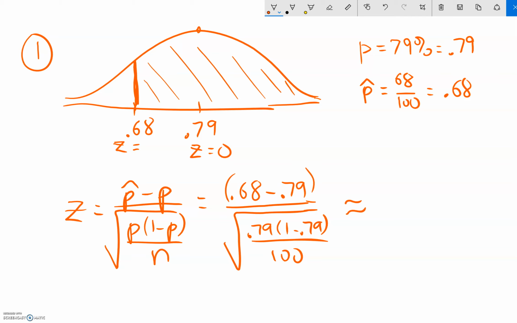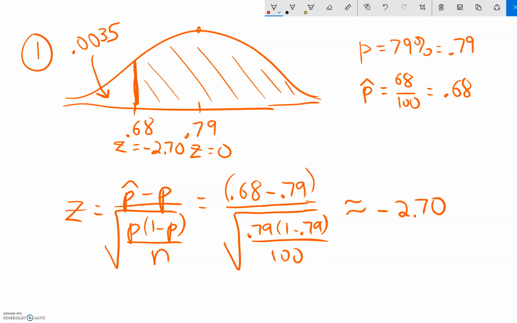So if you enter that on the calculator, you should come up with a z-value of negative 2.70. Now I want to remind you, when you look up that z-value on your z-score chart, you're going to get the area to the left of z equal negative 2.70, which is going to be 0.0035.